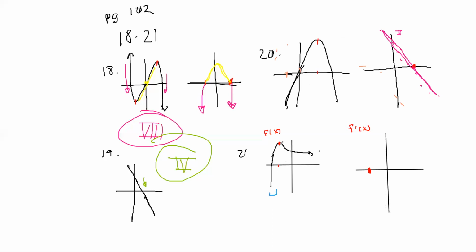This is a little positive, more positive, more positive, and it gets more positive the more negative we go. So very, very positive, approaching not so positive. So it'll look something like that.